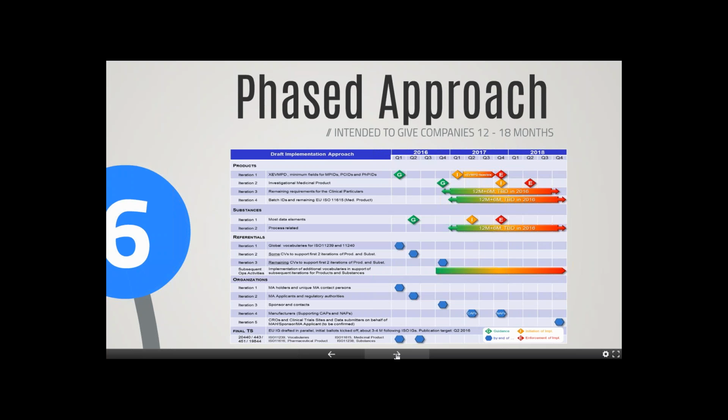And that's the reason why they have now changed that, and 2016 will basically be the year of preparation in Europe.